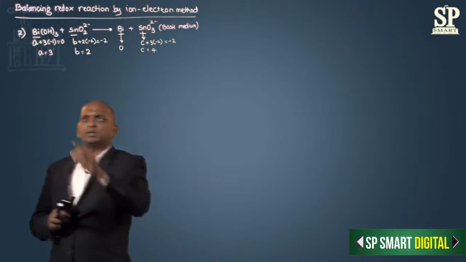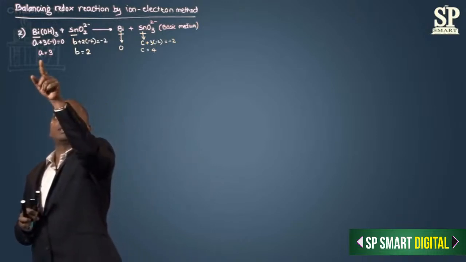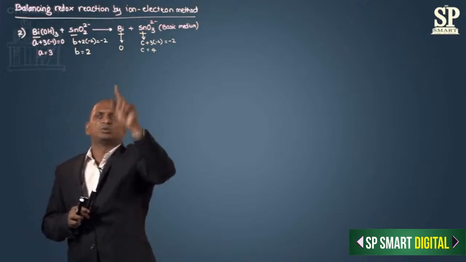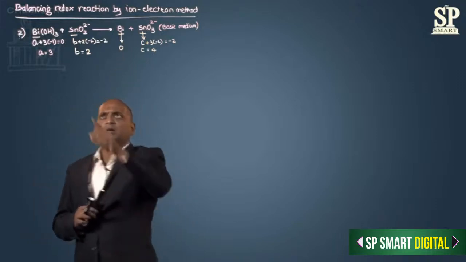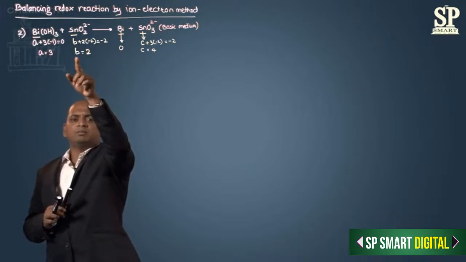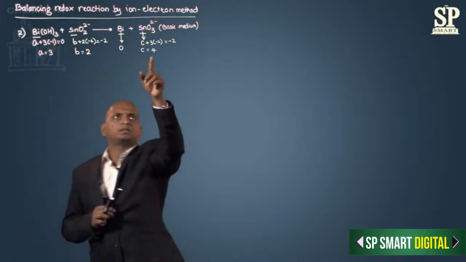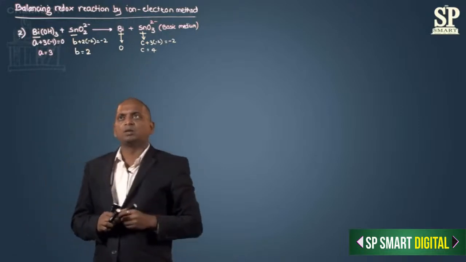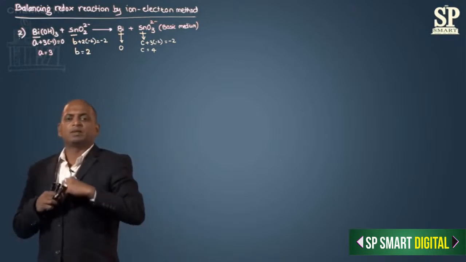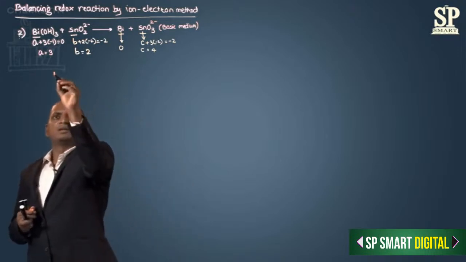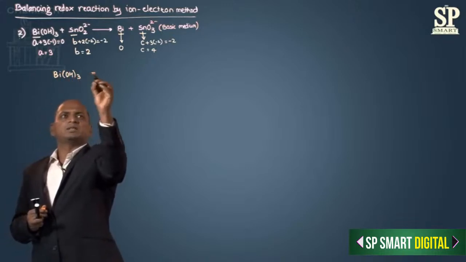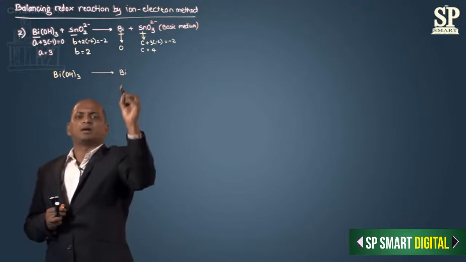Now, if we observe, the oxidation state of bismuth over here is plus 3, which is changing to 0, reduction. Sn, stannum, plus 2, because it's stannous now, changes to plus 4, stannic. So, what is the next step? Identified. So, we will write Bi(OH)3 changes to Bi.